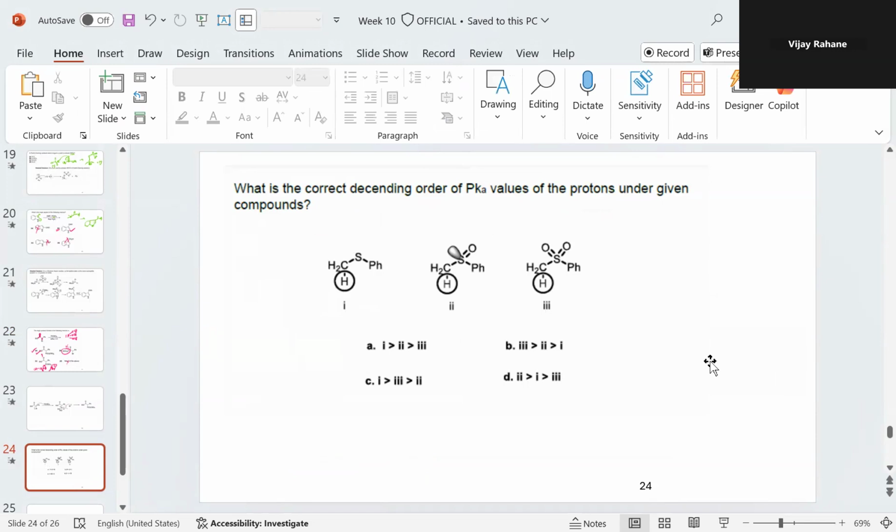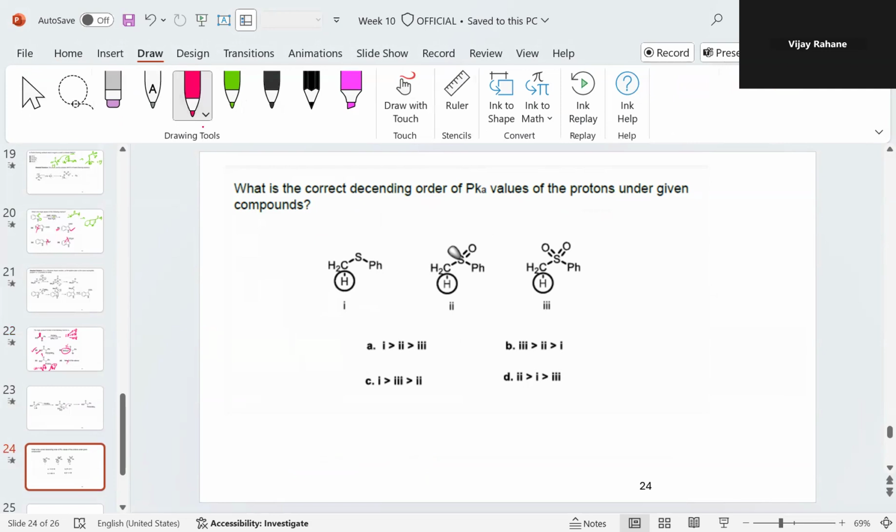Yes, sir. Right. So in this question, if you look at the question itself, in all the questions we have the CH3 group. So this is the S-CH3, then in the second molecule also the same, S double bond O, then there is a Ph, and the third one also CH3 S double bond O Ph.